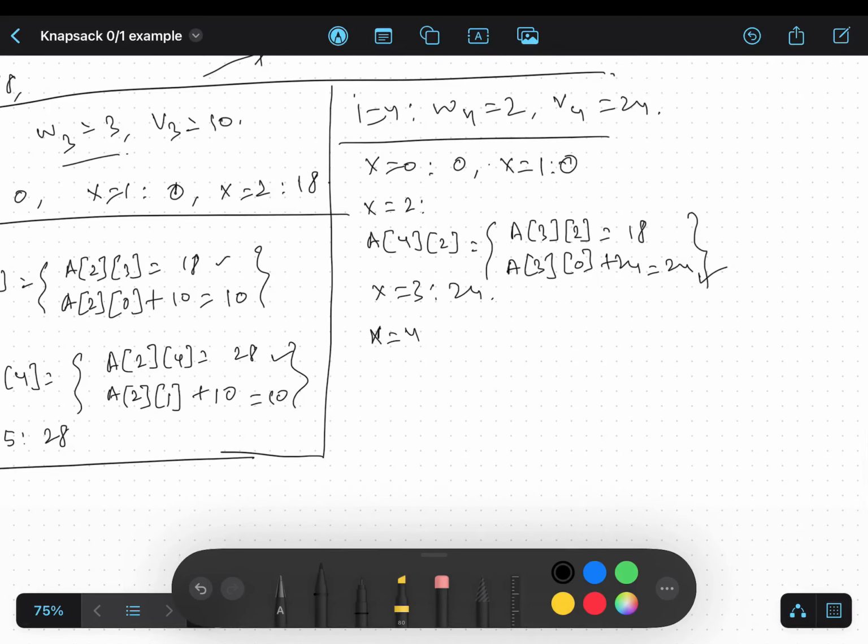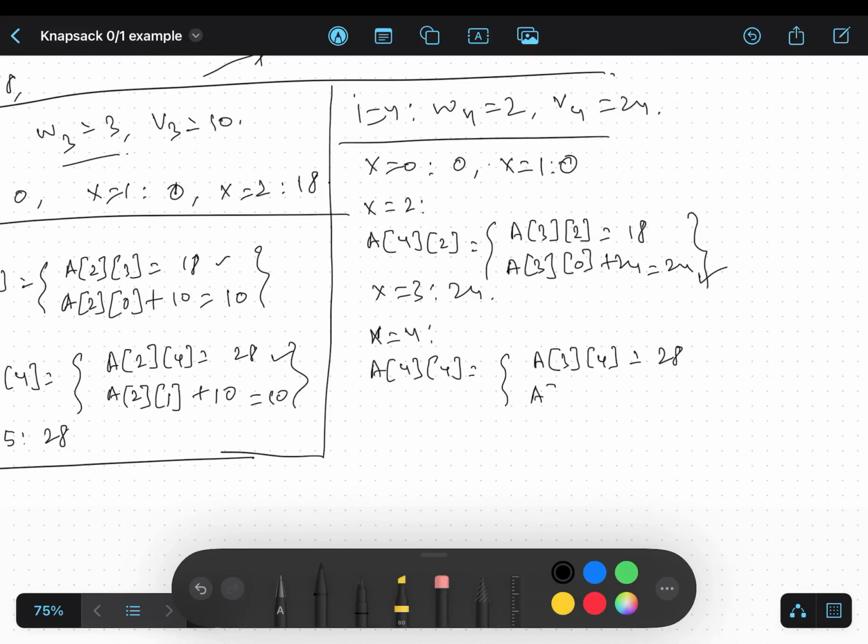x is equal to 4, which is i is 4 and x is 4. Max of A[i-1], which is 3, x 4. 3, 4 is 28.